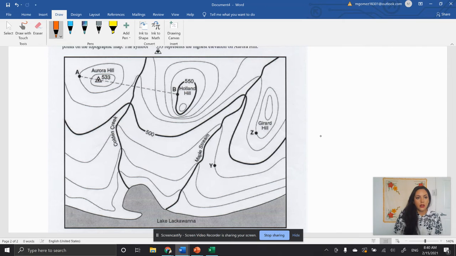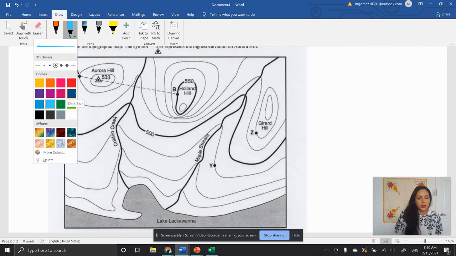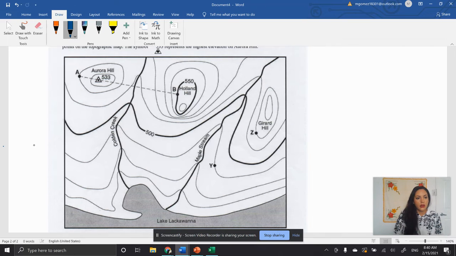Next, this is an interesting one, because sometimes we don't understand that the contour interval is not only for adding the difference when you're going up the mountain, it's also going to help you identify elevation as you go down the mountain. How do we do that?